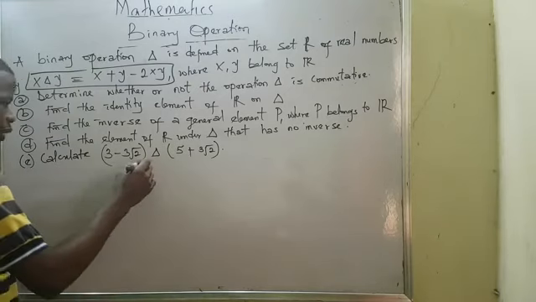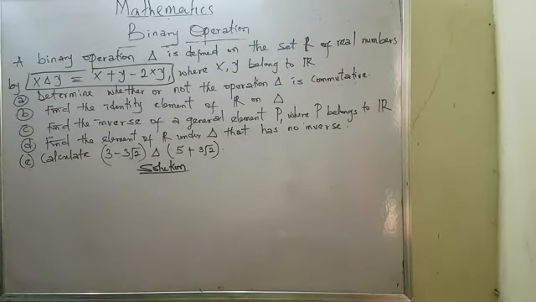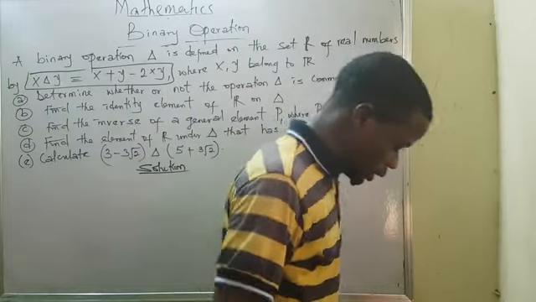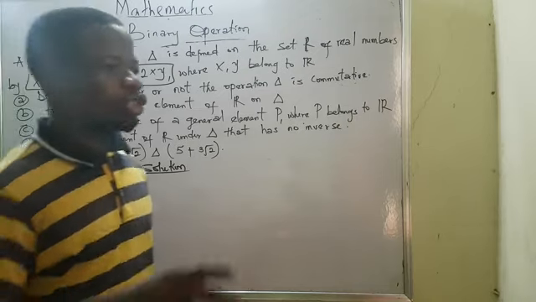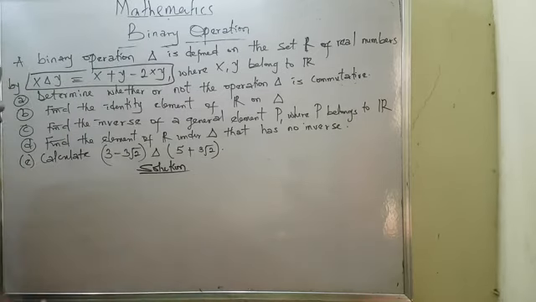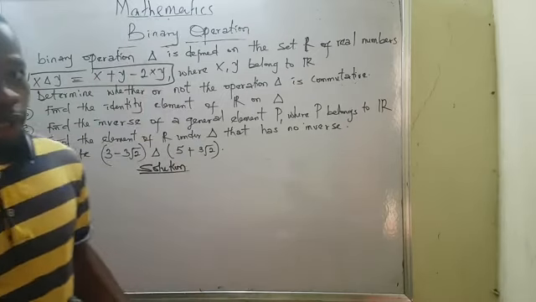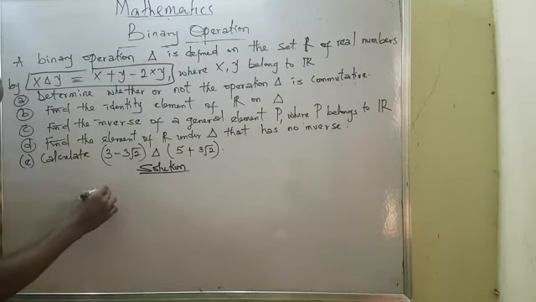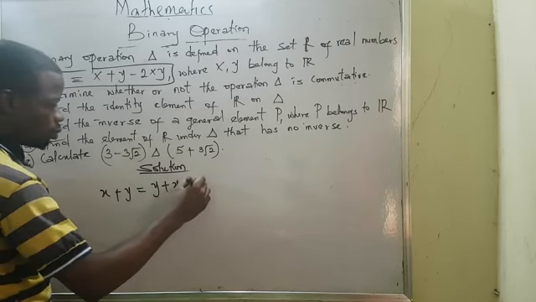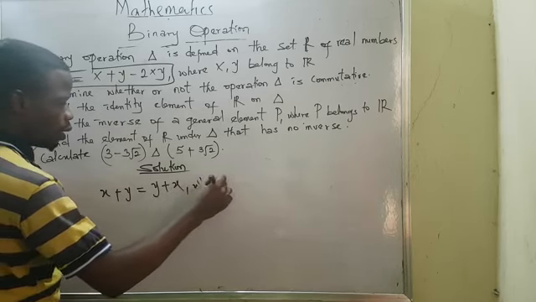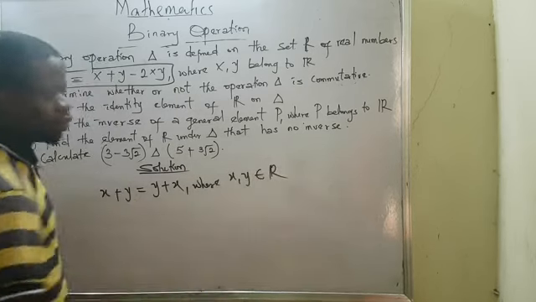Don't forget what we gave as a definition of commutativity. We said an operation is said to be commutative if there exist two elements, belonging to a defined set, such that the operation of the two elements together gives, let's say, x plus y equal to y plus x, provided x and y belong to the set of real numbers.